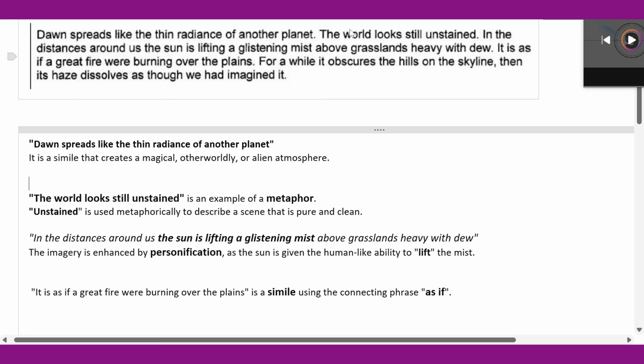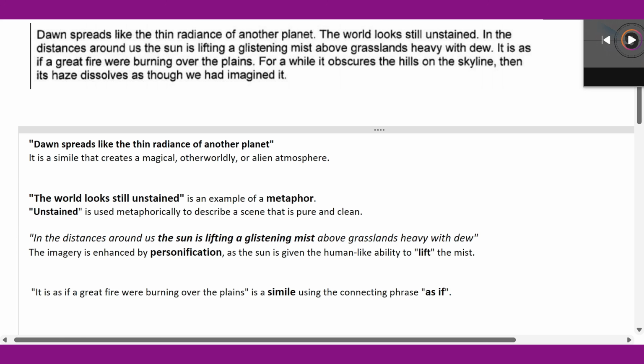The second is the word unstained in the phrase looks still unstained. This is an example of metaphor. Unstained is used metaphorically to describe a scene that is pure and clean. So it's a direct comparison of the world with something unstained. Next is: in the distances around us, the sun is lifting a glistening mist above grasslands heavy with dew.